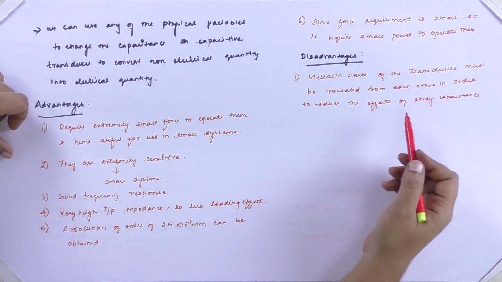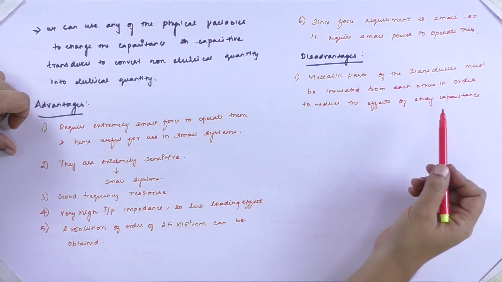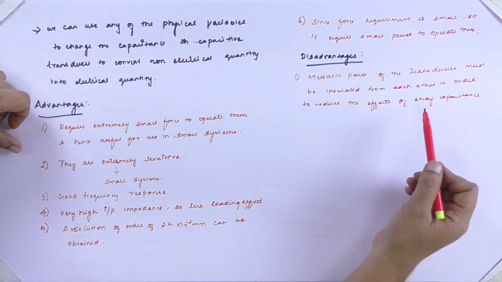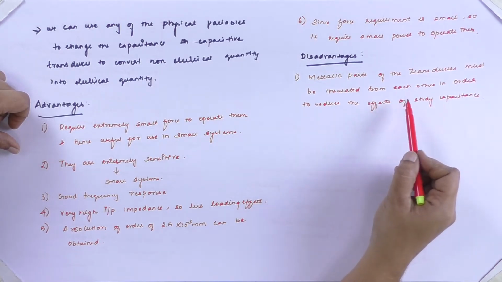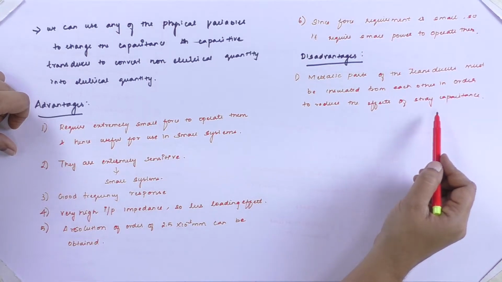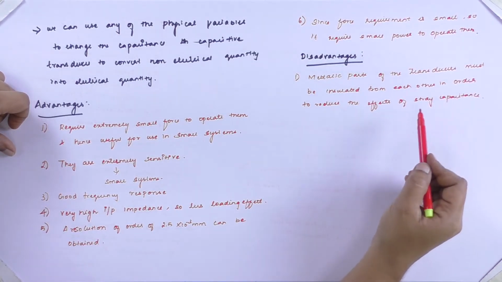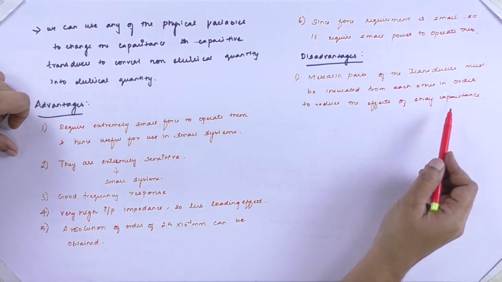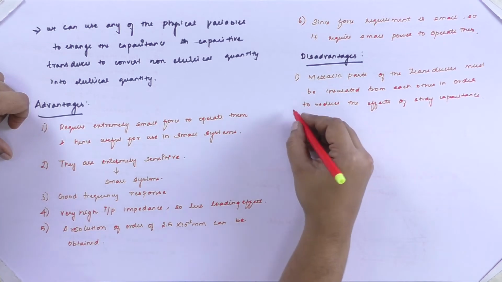So in order to protect the metallic parts of the transducer from environmental conditions like the effect of stray capacitance, they must be insulated from each other so that they are protected from external stray capacitances. So this external stray capacitance will not affect the capacitance value when it is insulated.